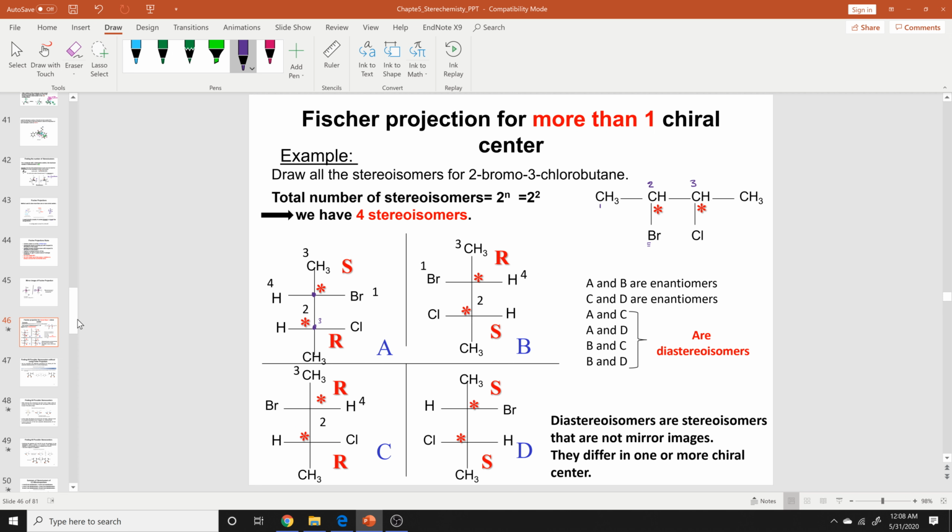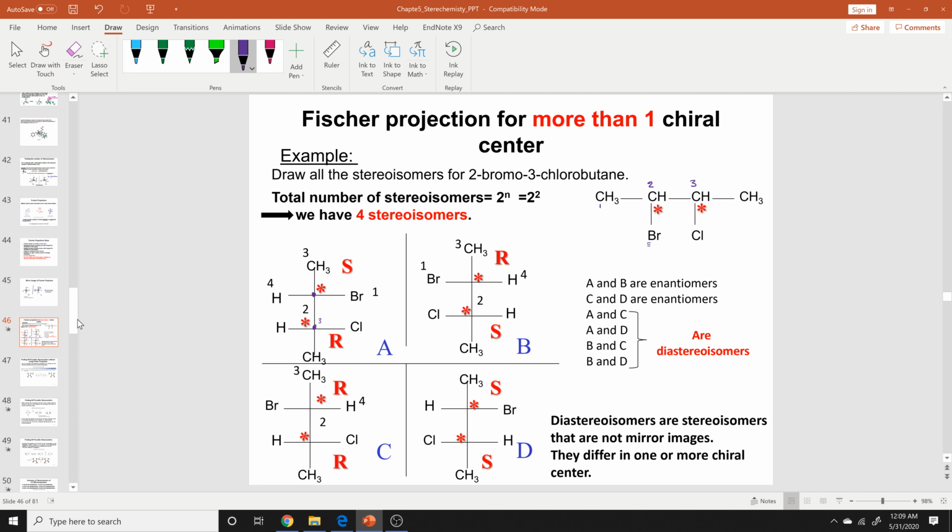So I could put the hydrogen here, the bromine there. I could put the hydrogen here, the chlorine there. It does not matter, because wherever you put them, you're going to basically get your second stereoisomer in there. You're going to get all the isomers that you have for this structure. So for the moment, this is the first stereoisomer.